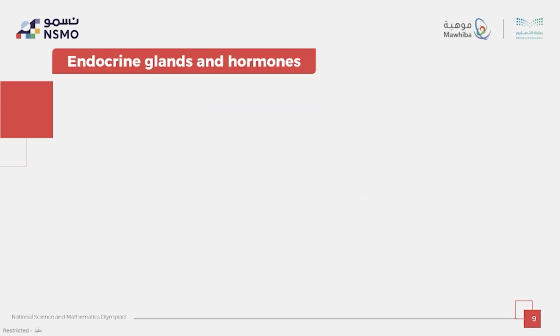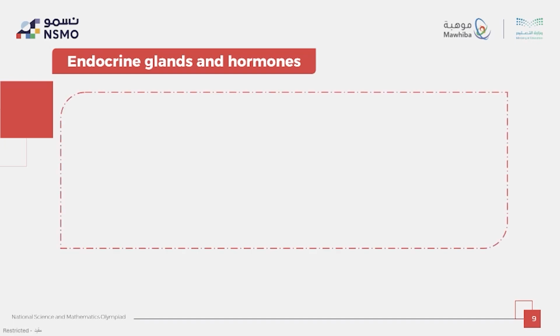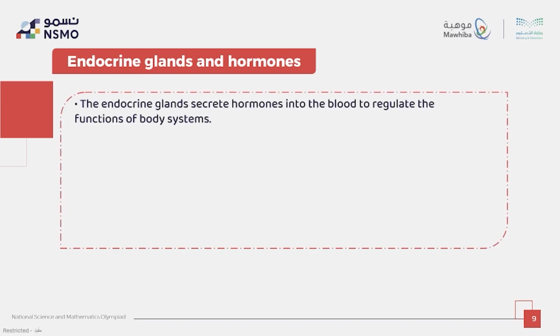Let's see the relationship between endocrine glands and hormones. The endocrine glands secrete hormones into the blood to regulate the function of body systems. That means the endocrine glands send chemical messages through the blood to control how body systems work, like turning things on and off.